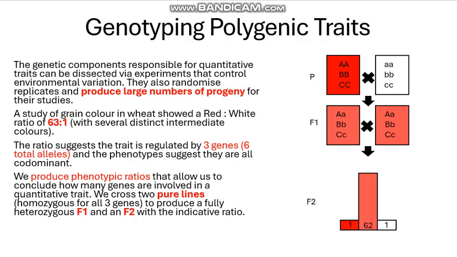Okay, so in the last one we talked about how we are able to genotype polygenic traits and work out how many genes are responsible for a certain phenotype by creating a pure line from a pedigree, crossing that pure line together to produce an F1 generation that's heterozygous for every gene responsible for that phenotype, and then crossing the F1 together to produce an F2 generation, which is going to give us a ratio of homozygote dominant or homozygote recessive, it doesn't matter, but it's going to give us a probability of one of these kinds of homozygotes compared to the general population.